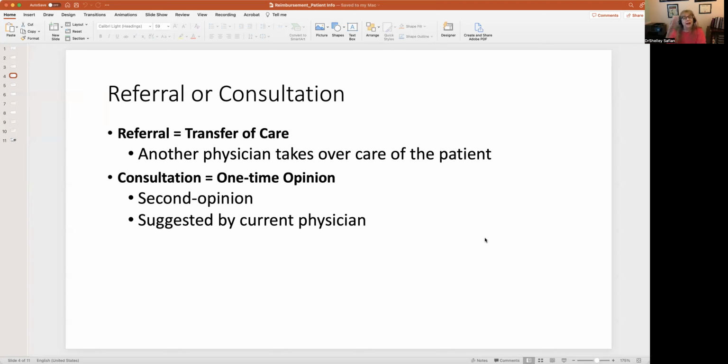There's no long-lasting relationship. So that is reported in coding as a consultation, as opposed to transfer of care, which would then be reported as a new patient and then ultimately an established patient.